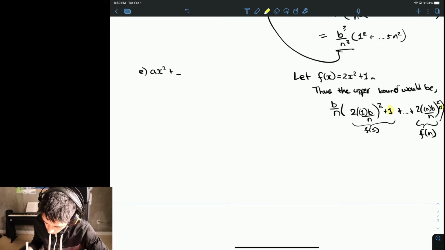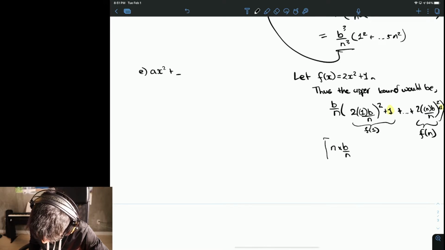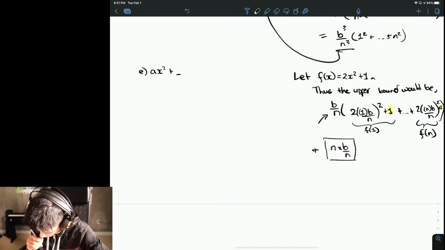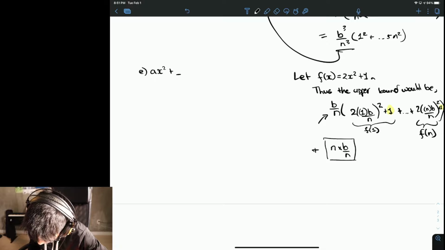So we're adding something like n by b over n. This gets added because the b over n is distributed, remember, and then the actual typical area that we have, or maybe it's better to write it this way.